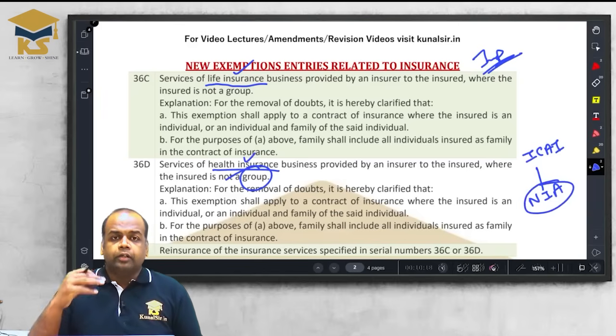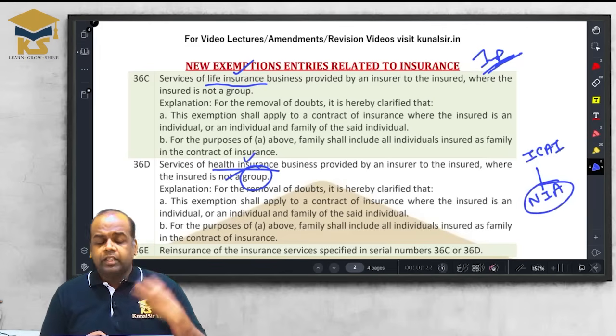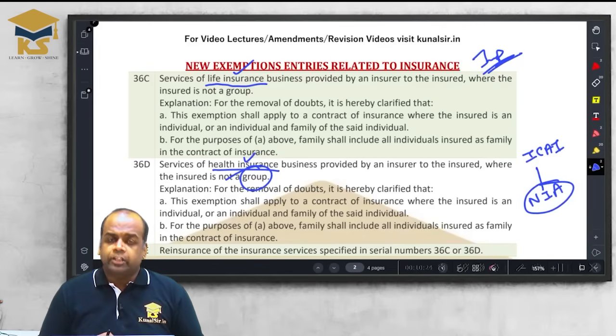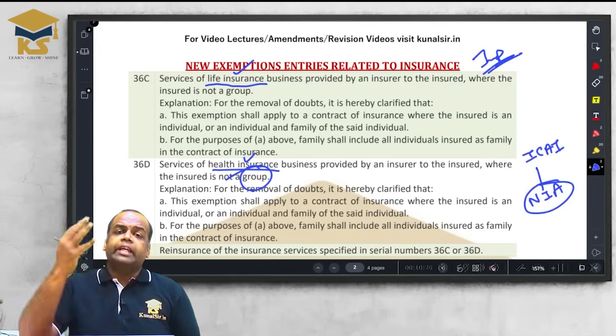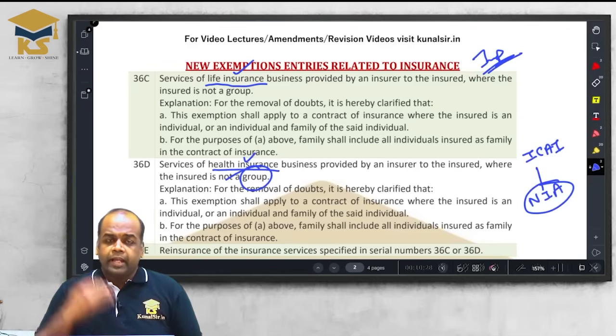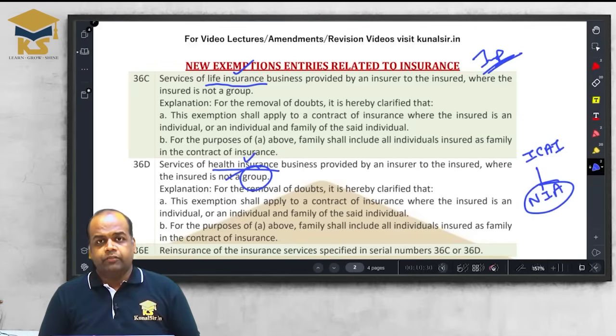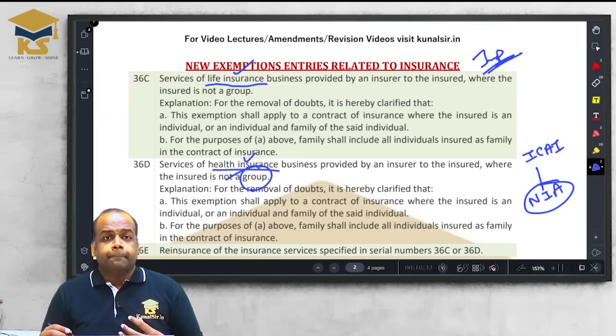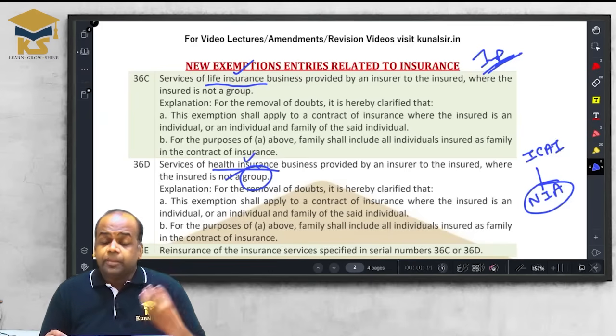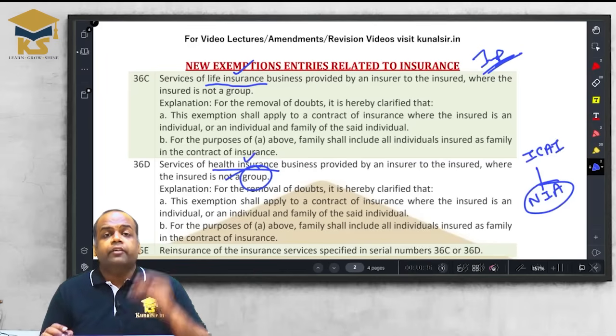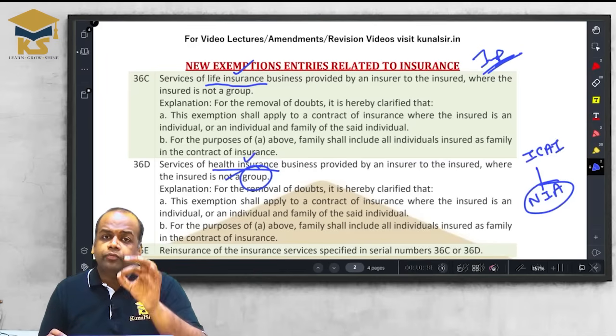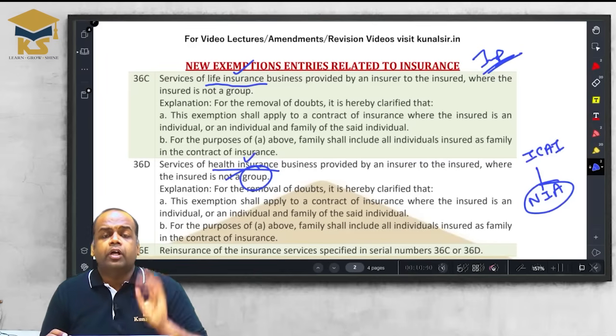That is a joint, you can say MOU between ICAI and New India. And I can opt for an insurance, a special package where I have to give a less premium and I will get more benefit. So in such case, when I am eligible to buy that insurance, when I am member of ICAI or I am a student of ICAI.